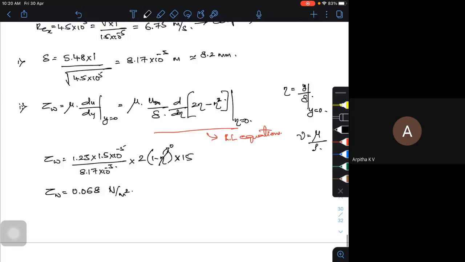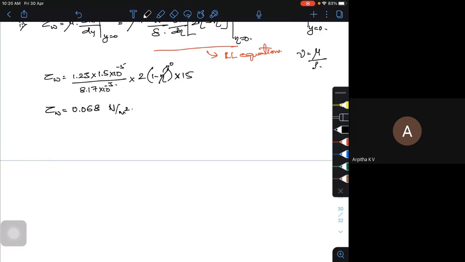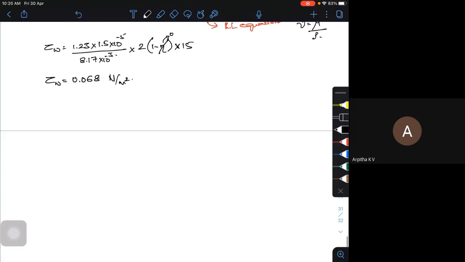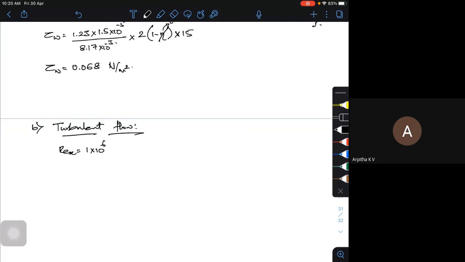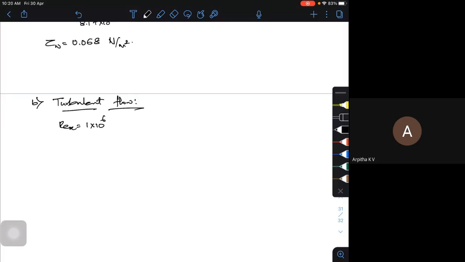For a turbulent flow, we have the delta equation. It is some 0.37 or something. Let me take that. For a turbulent flow, the Reynolds number will be 1 into 10 to the power of 6, which we already got. Then delta by x is given by this formula.